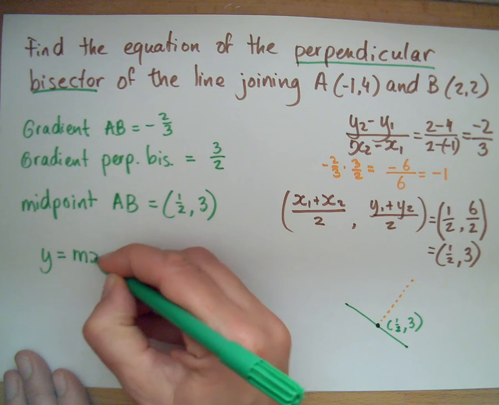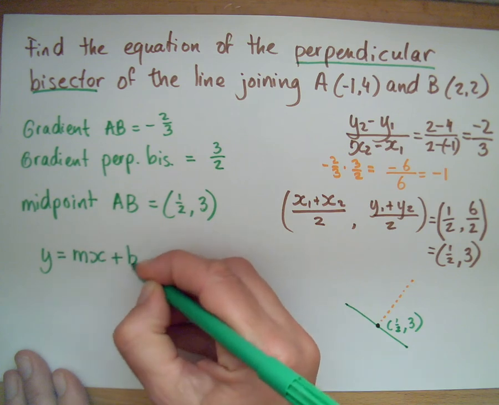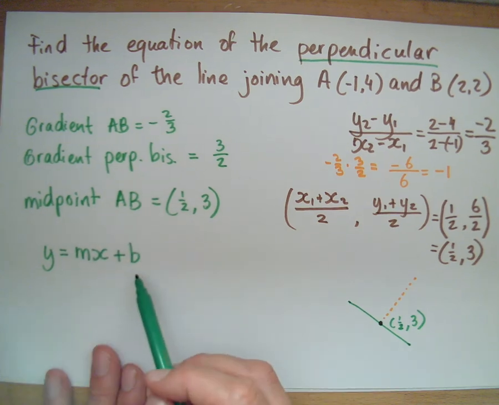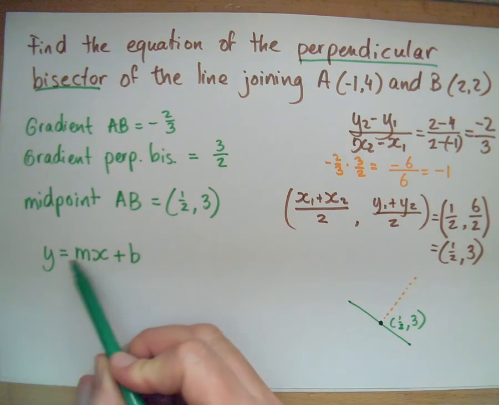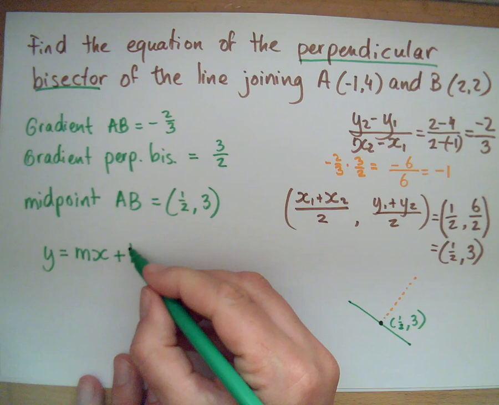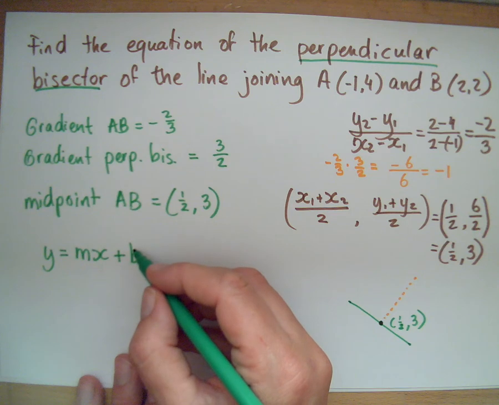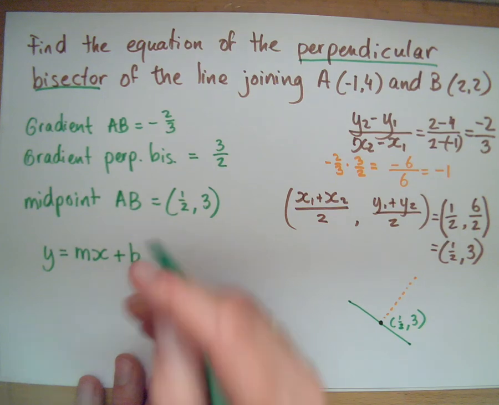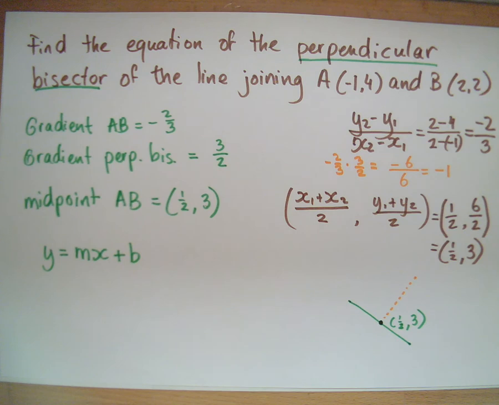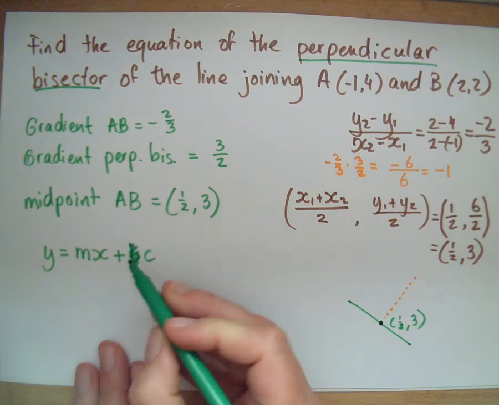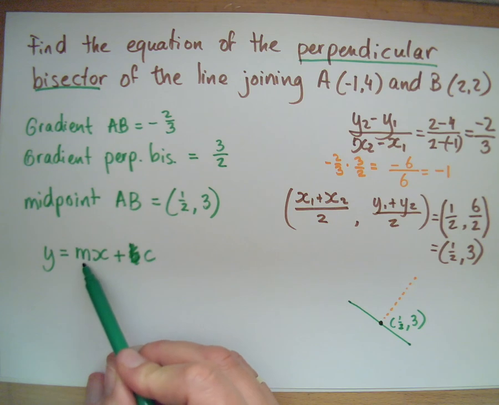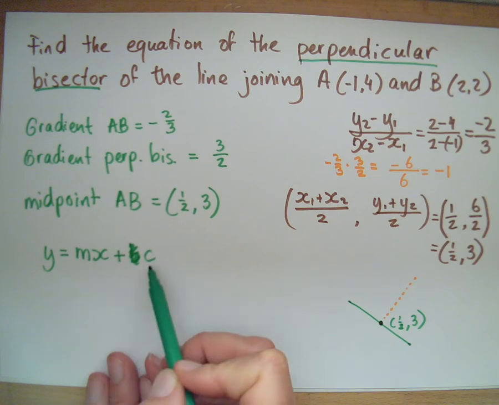Remember, this is the form that we often see for a straight line. y is equal to mx plus, did I say b? In our book, we use c. m is the gradient. c is the y-intercept.